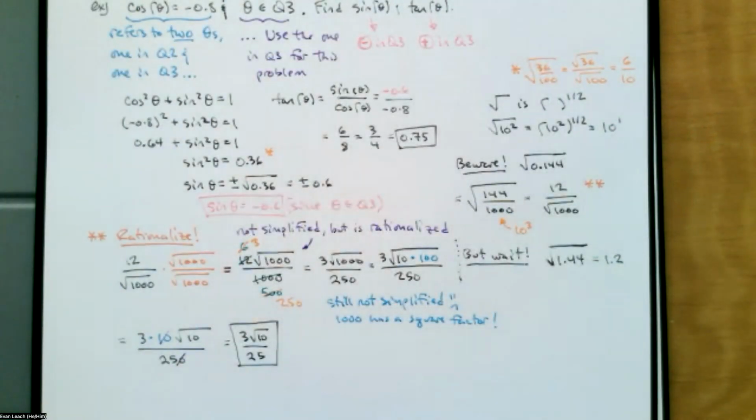Any questions? If you left this as 12 over the square root of 1,000, I'd be happy with that. If you wanted to flex and show off your mad algebra skills and write 3 root 10 over 25, also okay. Keep in mind, dangerous to do. If I'm going to accept 12 over the square root of 1,000, that's the safest answer.